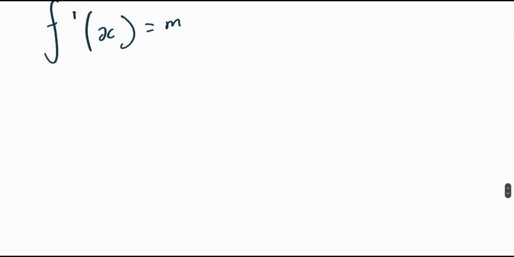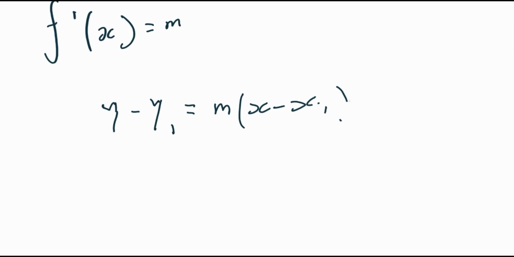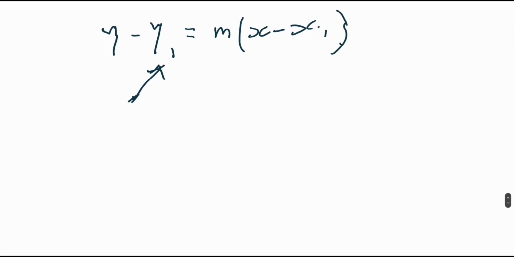Then remember this notation: y minus y1 equals the slope times x minus x1. So y1 is going to be the y coordinate given, m is going to be the slope, and x1 is going to be the x coordinate given.